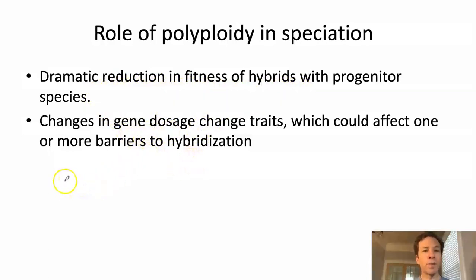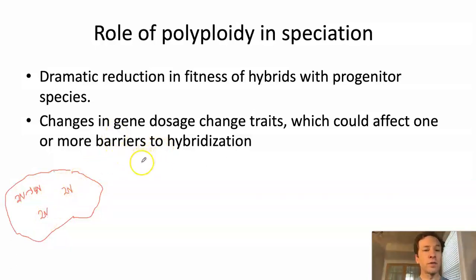So we talked about this a bit at the start, but if you imagine an initial population that is all diploid individuals, so they're all 2N, and they all can mate with each other. If we have a polyploid event, this is an event where usually chromosome numbers are doubled, and so now we have an individual that is 4N.